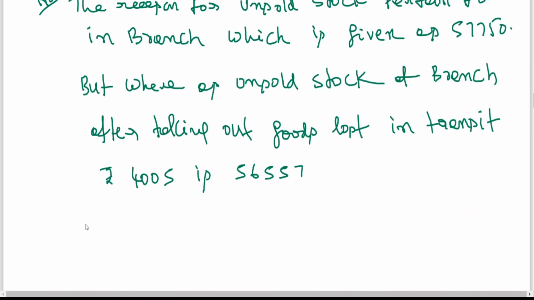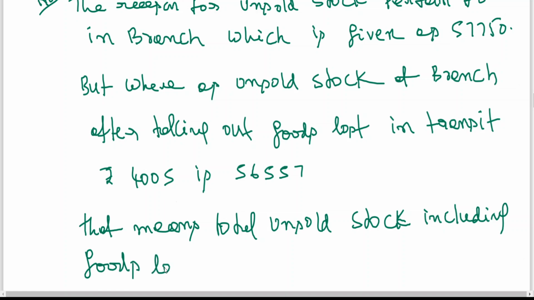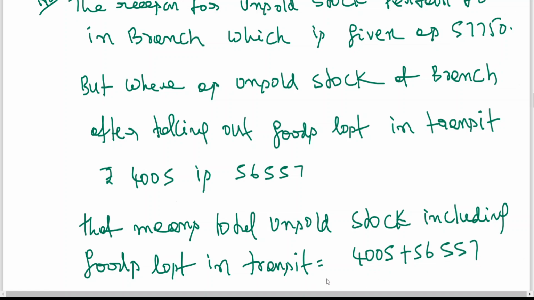That means total unsold stock including goods lost in transit is 4,005 plus 56,557, which is coming to 60,562.